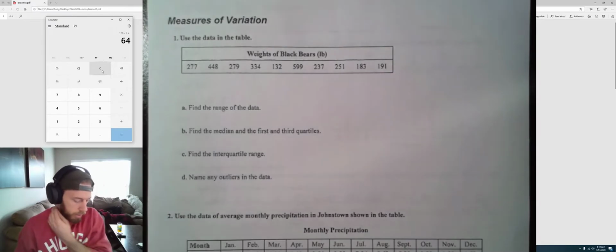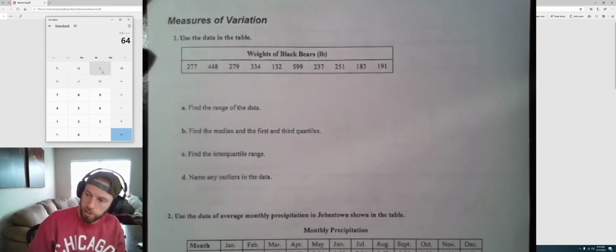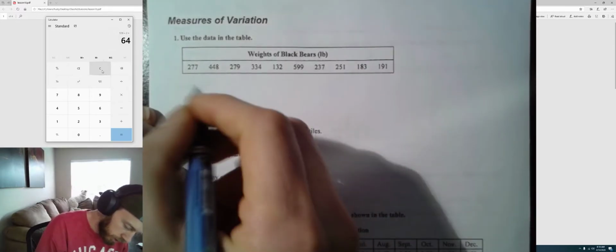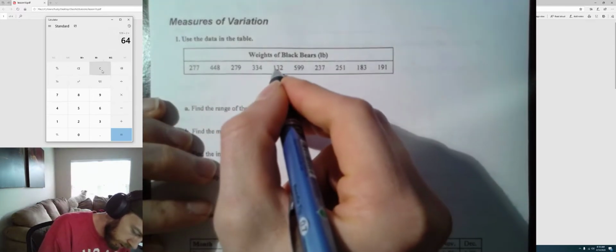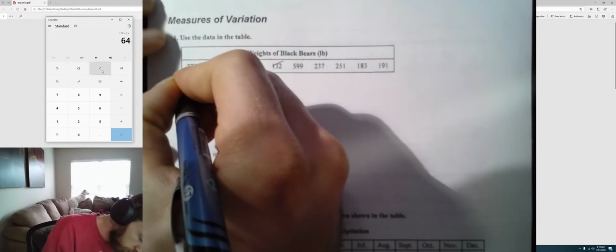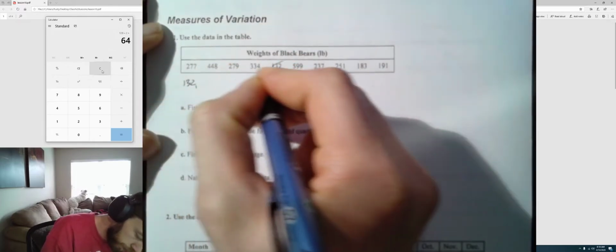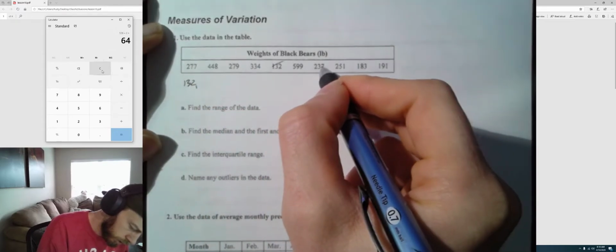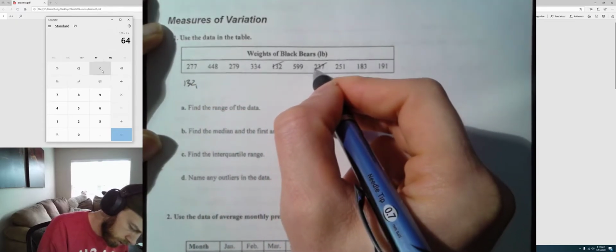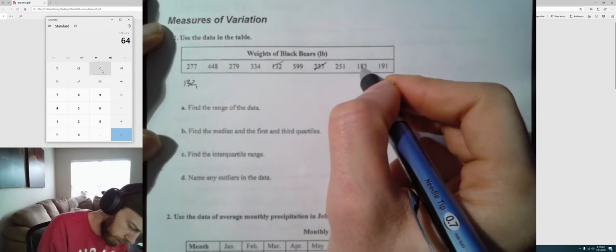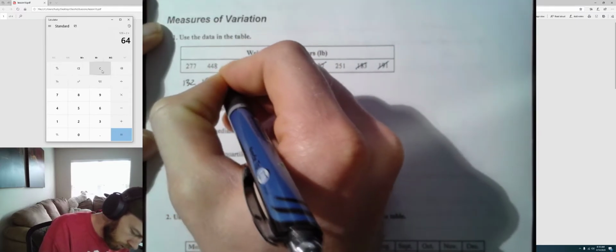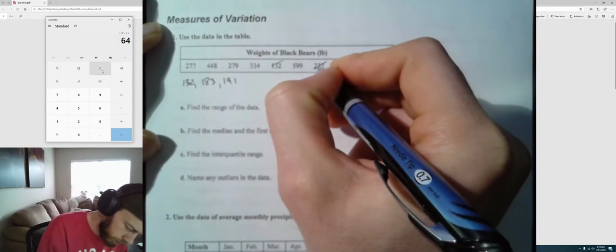Number 1, we're going to find the range of this set of data. The first thing we're going to do is put these in order from least to greatest. And we've got a lot of numbers here, so this might take me a minute. Looks like my lowest is 132. Oh, no. I've got a 183 and 191. 183, 191.